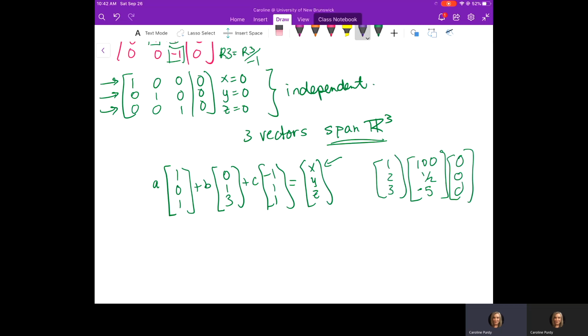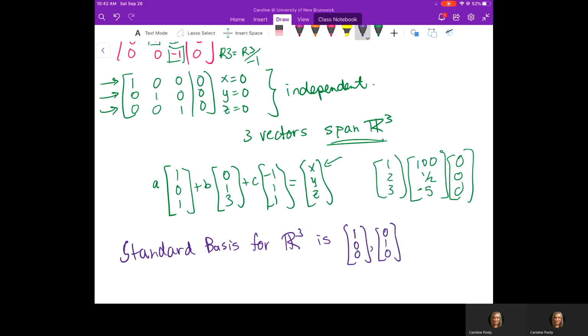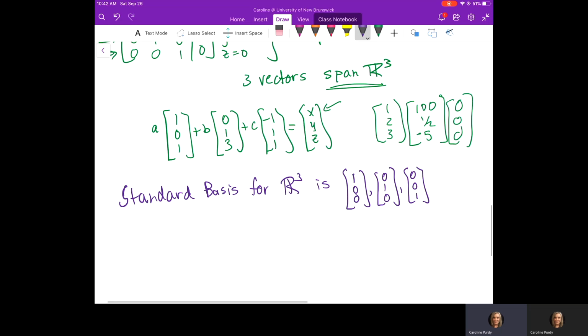Now the standard basis are these vectors, which we also say is i, j, k. i, j, k are the standard basis vectors for R3.